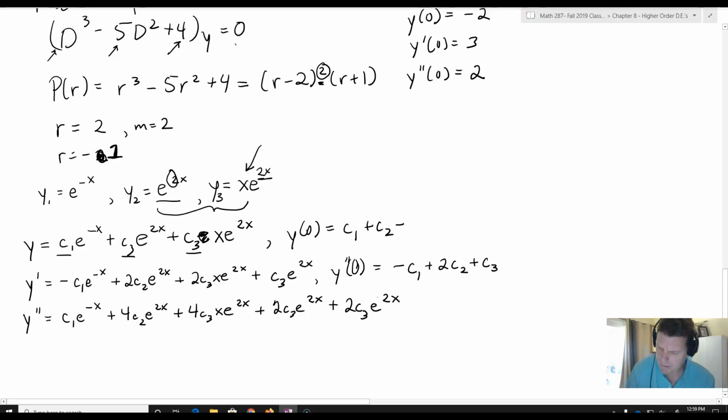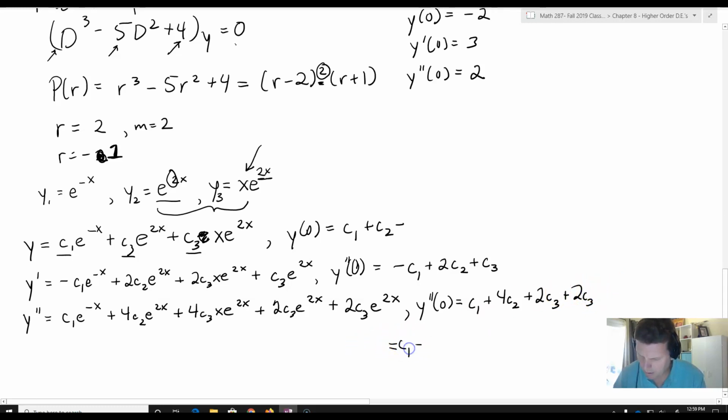Great. And so y double prime of 0 is then going to equal c1 plus 4c2 plus 2c3 plus 2c3, which is c1 plus 4c2 plus 4c3.